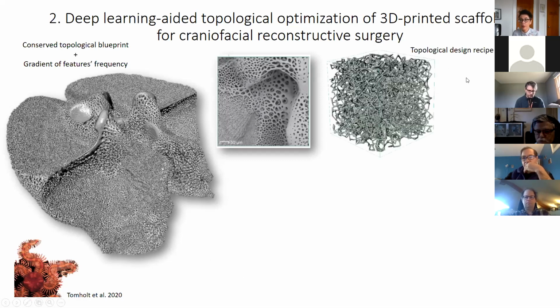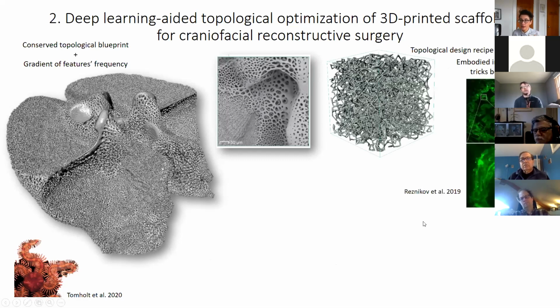I have at the moment a recipe for optimization for designing topologically optimized assemblies. And I have also done quite a massive study in the UK on using 3D printed polymer scaffolds for bone regeneration.